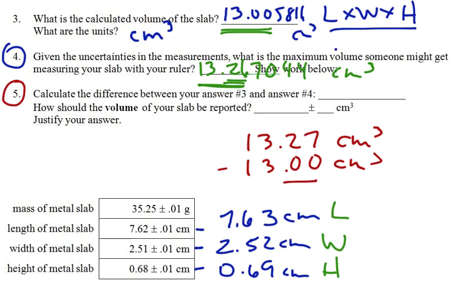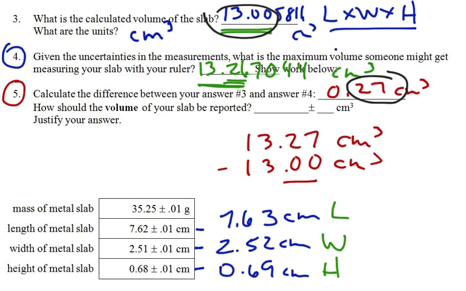So that could be off by 0.27 cubic centimeters. When we want to write the volume, I would go back and use the original number, 13, and say plus or minus 0.27, or you might even want to round that off to plus or minus 0.3.